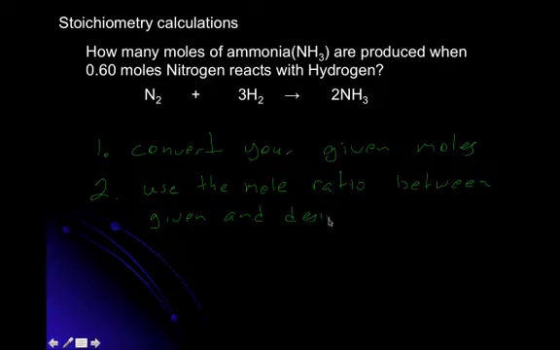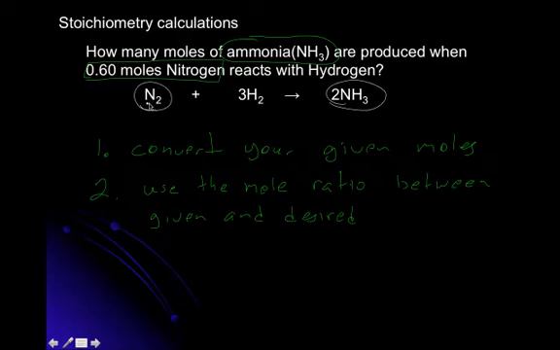For example, in this particular question, we have been asked for how many moles of ammonia, NH3. If we're talking about ammonia, that's our desired, but we've been given 0.6 moles of nitrogen. So our given is nitrogen and our desired is ammonia. Our ratio between nitrogen, which is right here, and ammonia right there, our mole ratio, is 1 to 2.